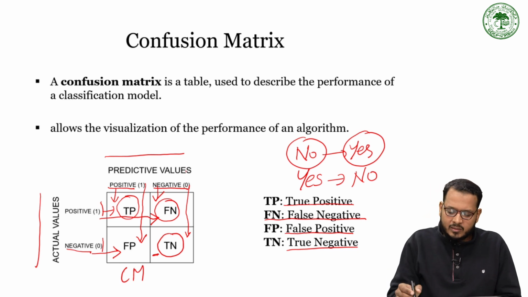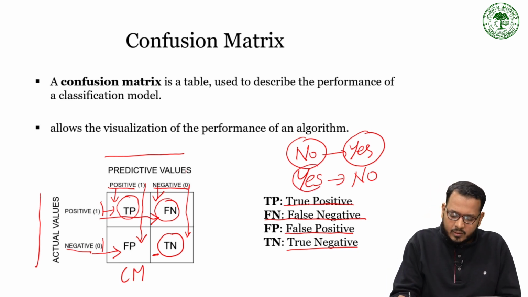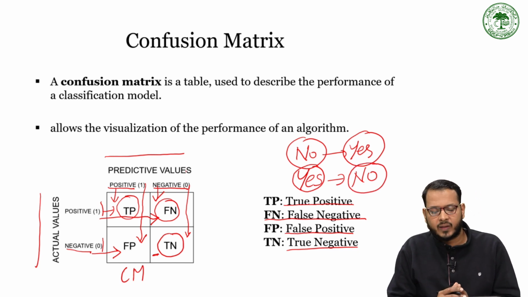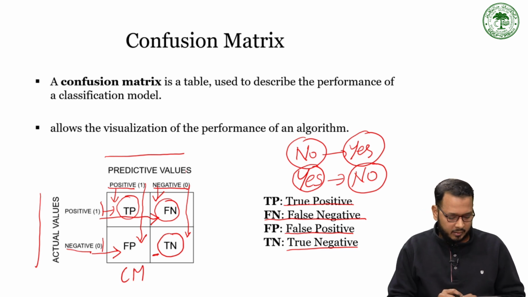What that means is it was actually positive, but it is falsely predicted as negative. So FP and FN are the problematic values. If they are less in our confusion matrix, it means our algorithm is doing well. Let's try to explore further how we can calculate all of these four values, TP, FP, TN and FN.